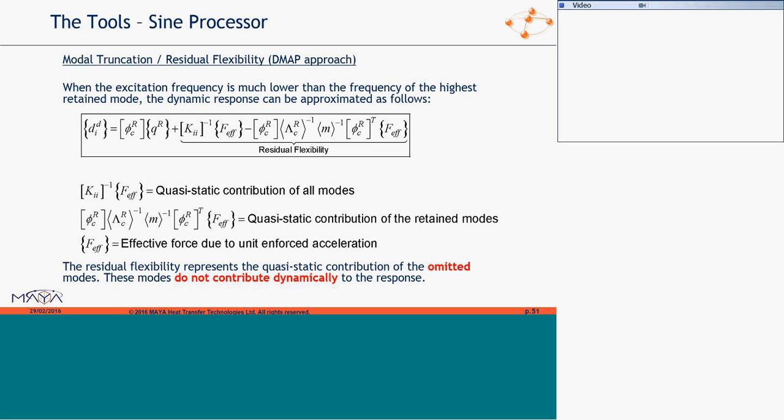The DMAP approach, or residual flexibility, is similar. You'll see that the equations come out to be very similar. If you assume that the excitation frequency is much lower than the frequency of the highest retained mode, where R means retained, the total response is the dynamic response plus the static contribution of the missing modes, which is the static contribution using the stiffness matrix times the force due to enforced acceleration minus the contribution from the retained modes.